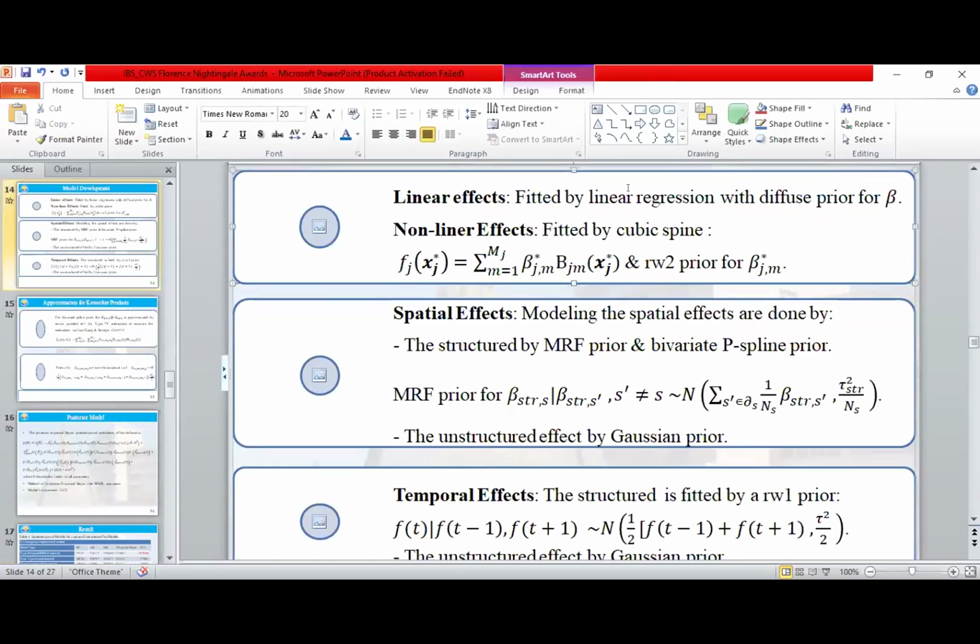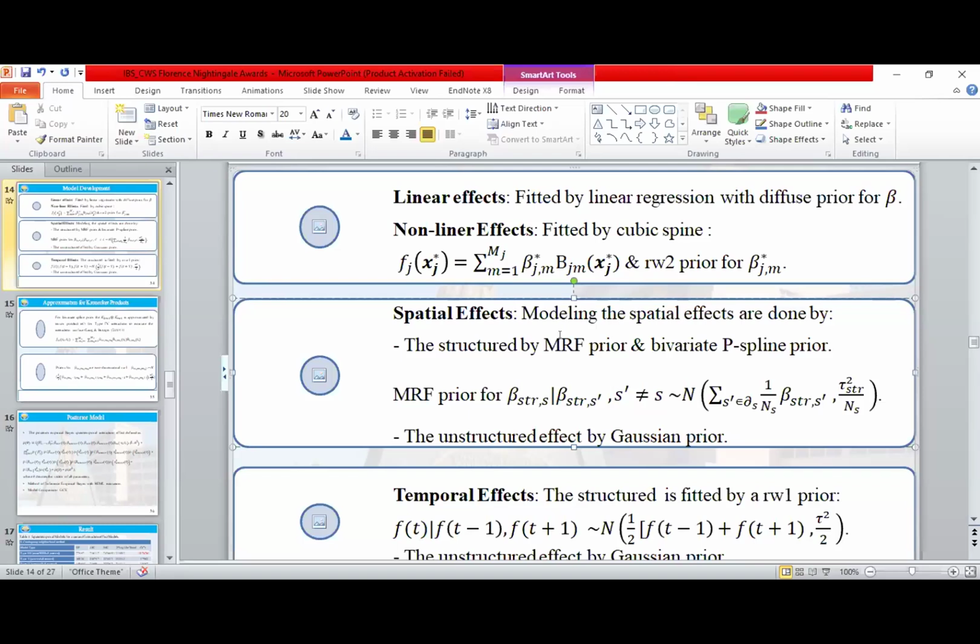Here is the model development. The linear effects are estimated using linear regression, using maximum likelihood estimation, by taking the coefficients' prior as diffuse or constant. And then the nonlinear effects are all fitted by cubic splines, as given here, where the coefficient is estimated with a random walk of order 2 prior.